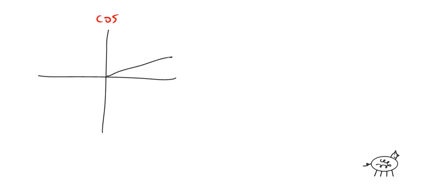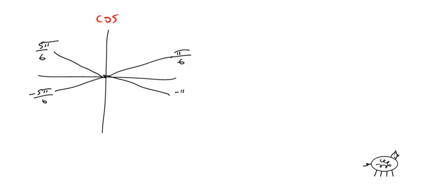Alright, let's do cosine. And we can put a couple different things here. First of all, let's do the same numbers: pi over 6, 5 pi over 6, negative 5 pi over 6, and negative pi over 6.